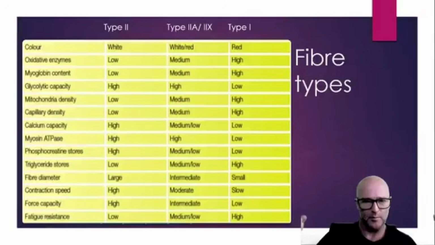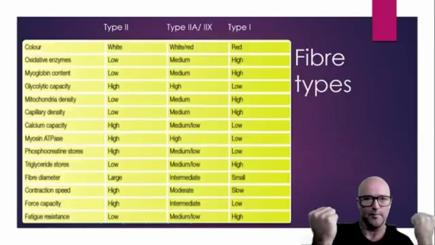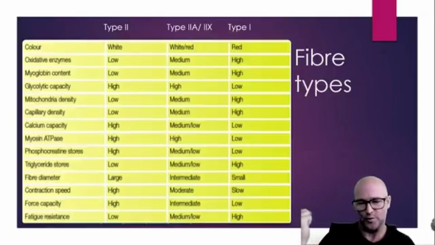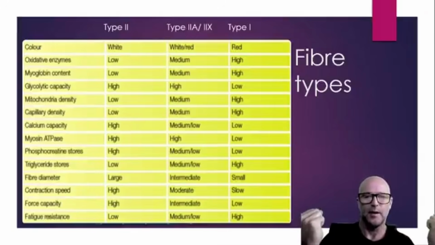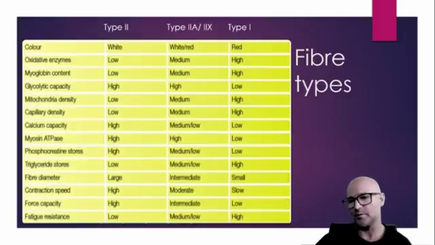A type 1 fiber might twitch, this is an analogy, obviously there's an actual timing, but quite slowly. An intermediate fiber might be twitching like so, and obviously a type 2 or 2B fiber really, really fast.